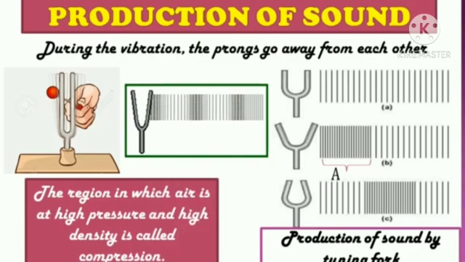If during the vibration the prongs of the tuning fork go away from each other, as you can also see in picture B, the air outside the prongs is compressed and the pressure there increases, and such a state of high pressure is created in region A. Here there are also three regions A, B, C, but region A is different from B and C, because in region A there is high pressure.